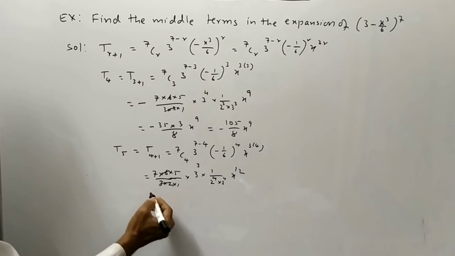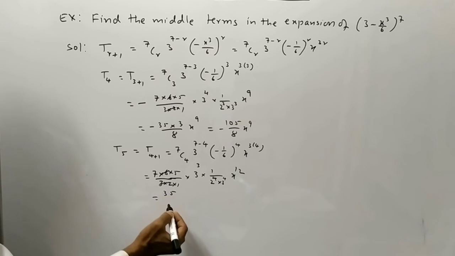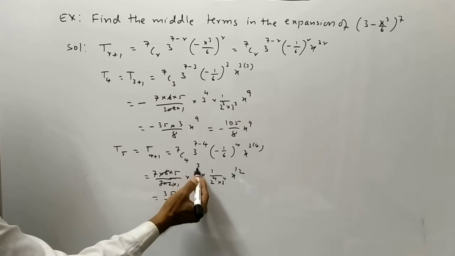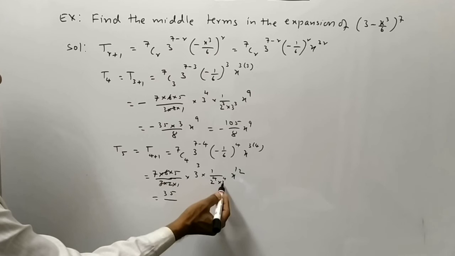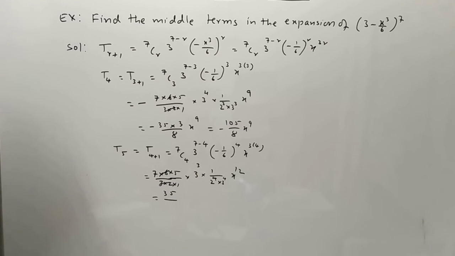So 35 divided by, so 3 raised to the power 3 divided by 3 raised to the power 4 is nothing but 1 by 3, into 1 by 2 raised to the power 4, that is 16.